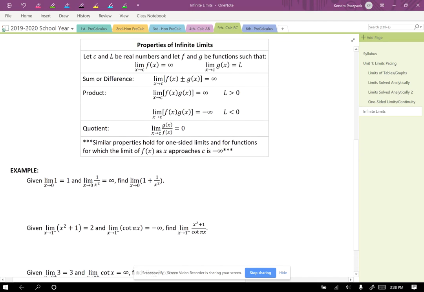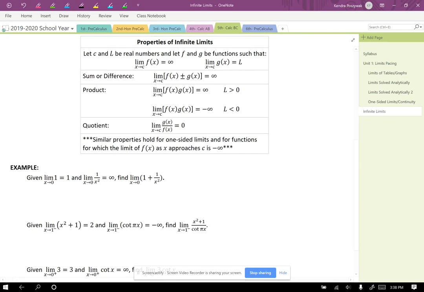We will be using the sum or difference property, because we have two separate functions where one of them is infinity. So when we add these, because it's positive infinity, the limit as x approaches 0 of 1 plus 1 over x squared is going to be positive infinity.